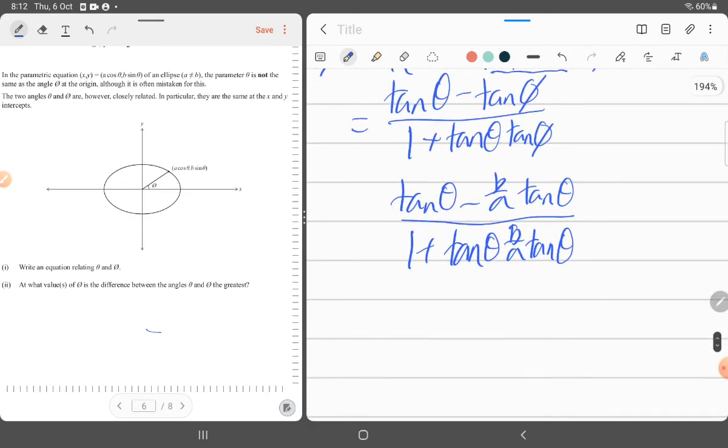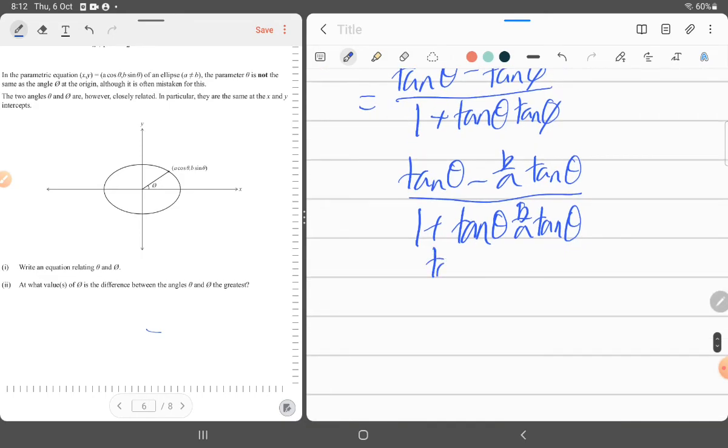We can multiply the top and bottom by a, so tan theta minus b tan theta over a plus b tan squared theta.